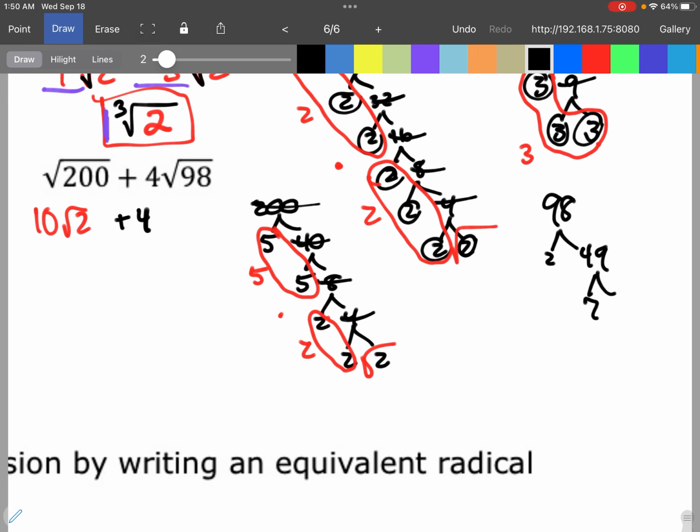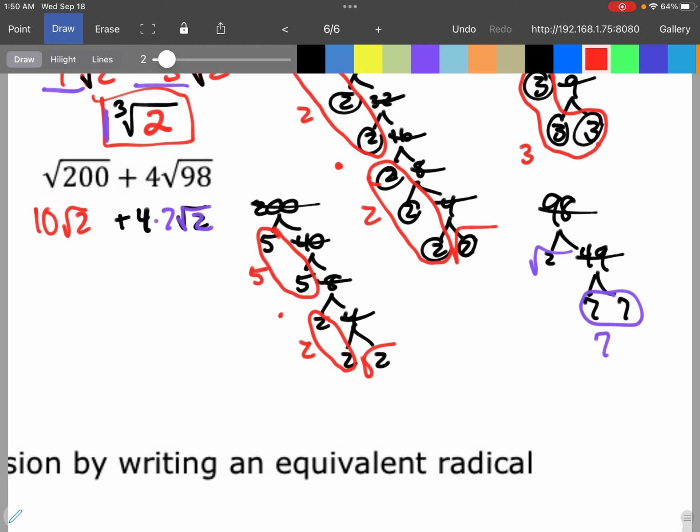And 49 breaks down into 7 and 7. And that one's done. That was real quick. Now let's make this one purple. 2 7s get married and they become 1 7. And then the 2 is left over. So this becomes 7 square root of 2. I'll make that 2 purple.